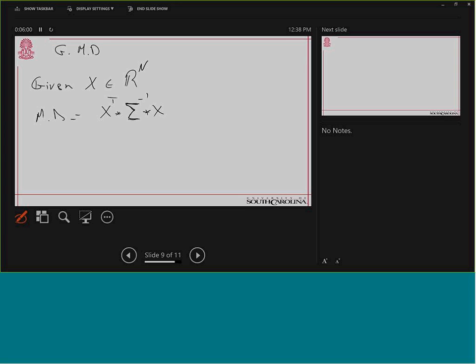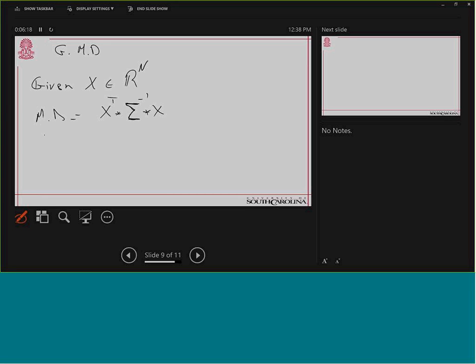I'm calling it sigma because, generally in statistics, it represents the variance matrix. It exactly represents that.